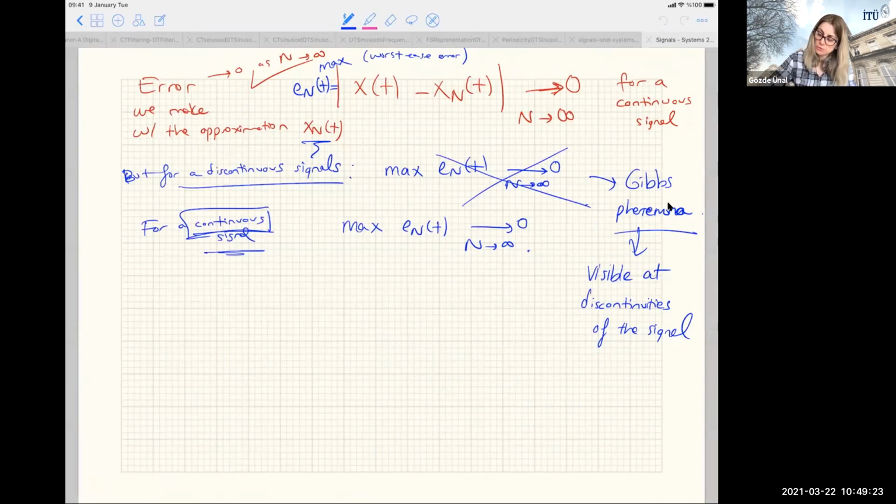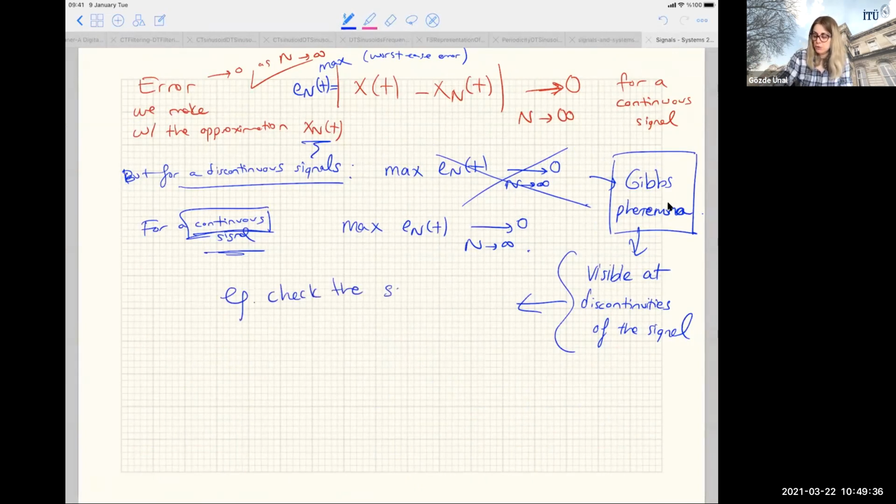Okay, this is called Gibbs phenomena. It is visible at discontinuities of the signal, e.g., check the square waveform. Okay, but if we had, for instance, a triangular signal or waveform, sometimes it's called a waveform.